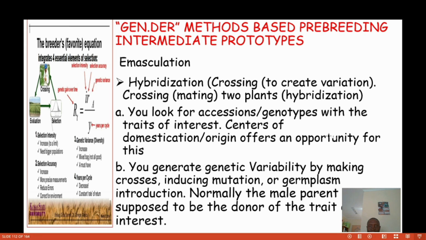When we emasculate, then you begin to cross the two superior parents. Remember, the crossing here, like I said before, is crossing good with good. It's also called mating or hybridizing or crossing. Those are synonymous words.